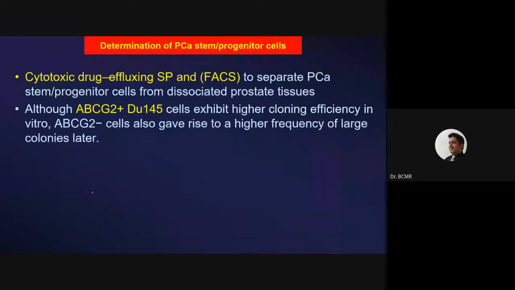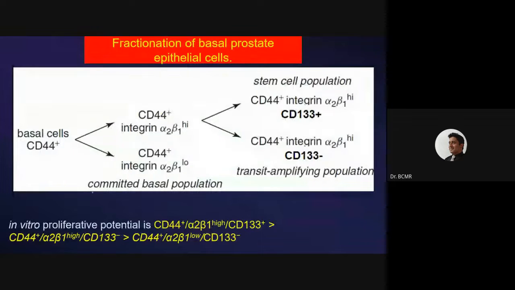And then we spoke about the cell surface markers of the stem cells, right? In that case, we discussed the proliferative potential. The highest proliferative potential is for the cells that were CD44 plus, integrin alpha 2 beta 1 high, and CD133 plus.